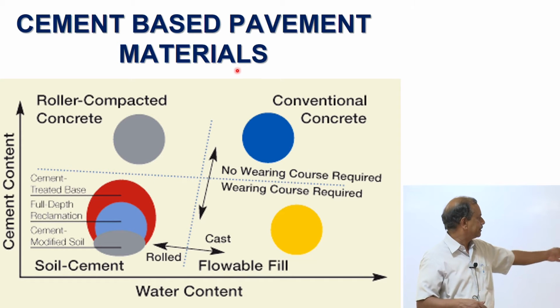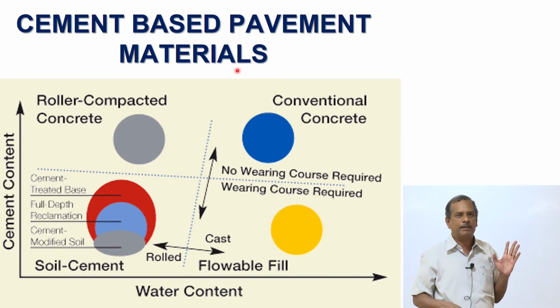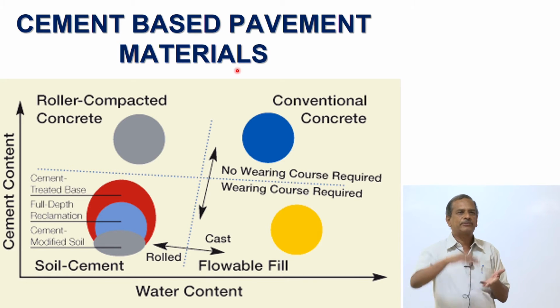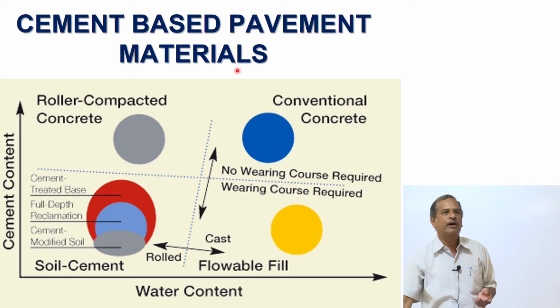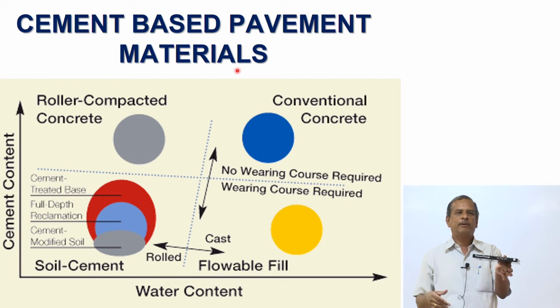On the other hand, if the cement content is more and the water content is also more, it is a conventional concrete pavement. As I was mentioning, about a 77 centimeter thick bituminous layer, on the other hand, if I have a concrete pavement, the thickness of the concrete pavement can reduce to as low as 300 millimeters. I can have a hard shoulder or a concrete shoulder and I can reduce the thickness even to 270 millimeters.